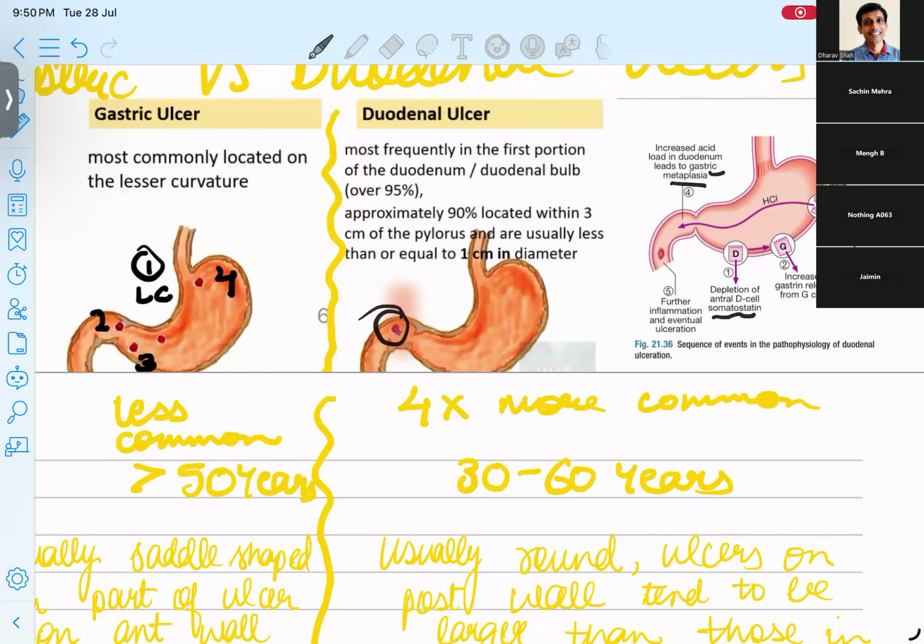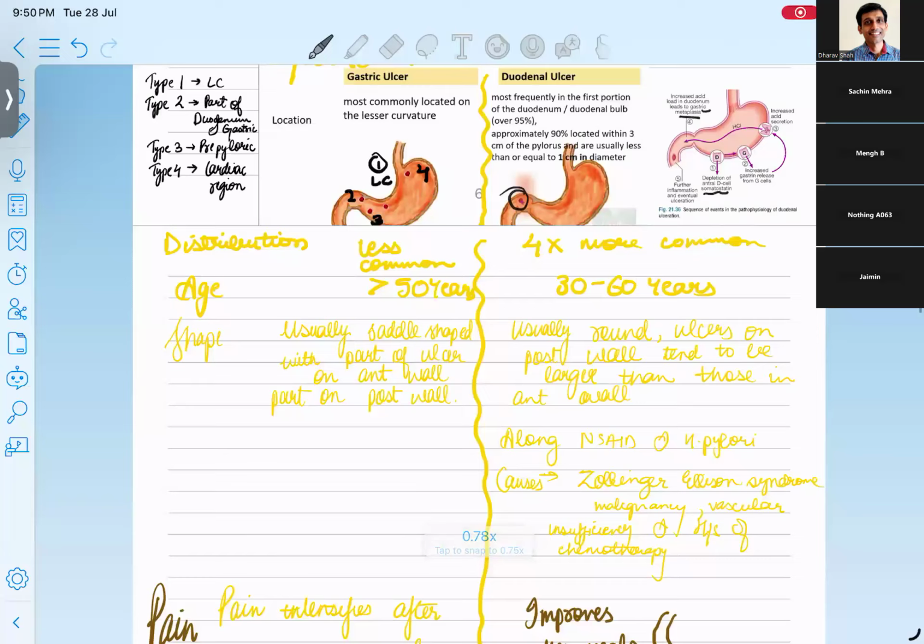leads to ulceration. The shape of ulcers, again, from a pathological point of view, is usually saddle shape with part of the ulcer on both anterior wall and part on the posterior wall of the stomach.